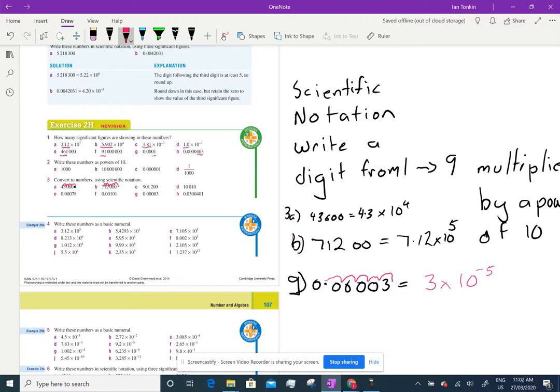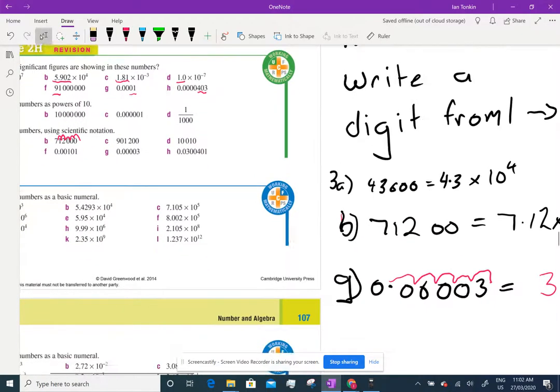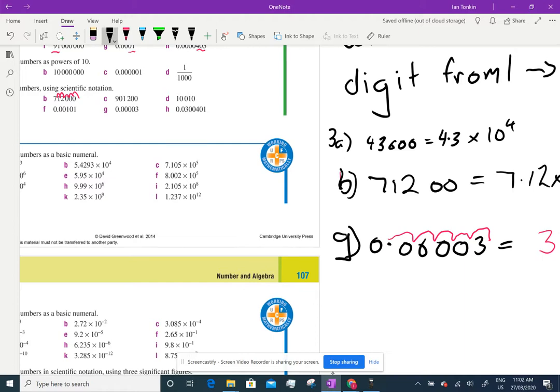Now, this one, and this is a question some student asked about, so I'm going to take my time with this. This is H. 0.0300401 equals. Now I've got to move the decimal point. 1, 2.